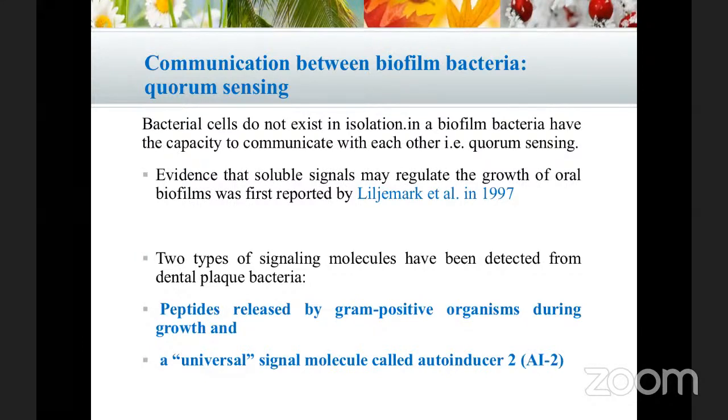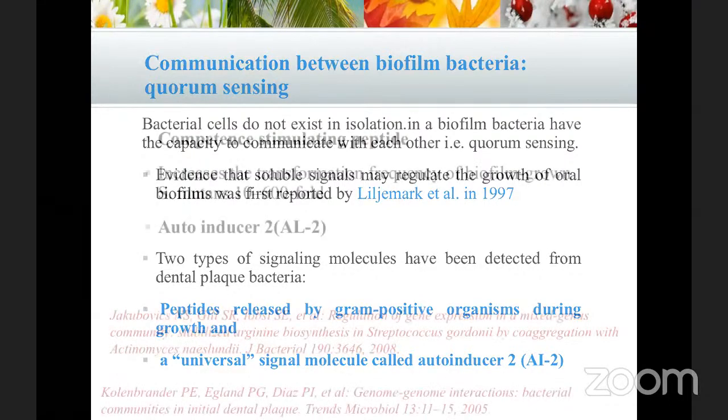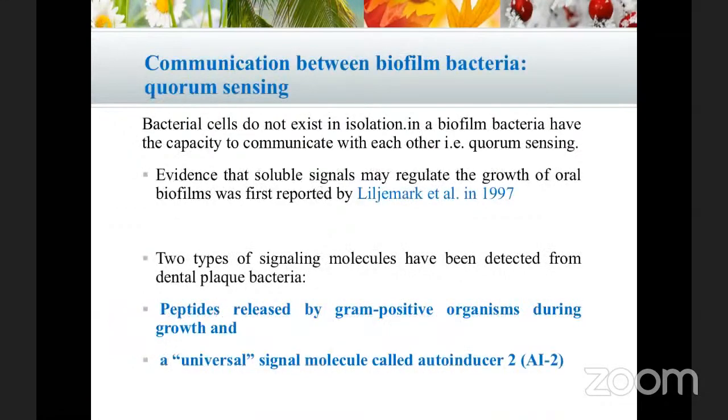One bacterium communicates with another bacterium, like using a cell phone between two bacteria, how they talk, how they signal that I'm getting this more and you need this more.